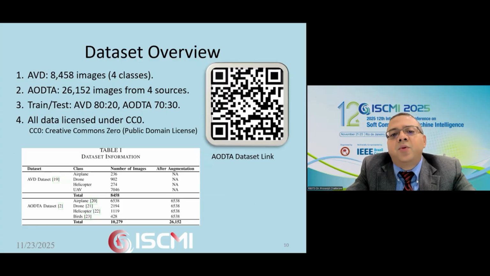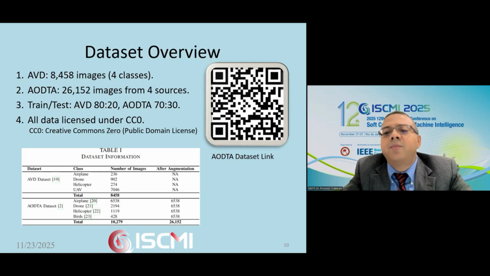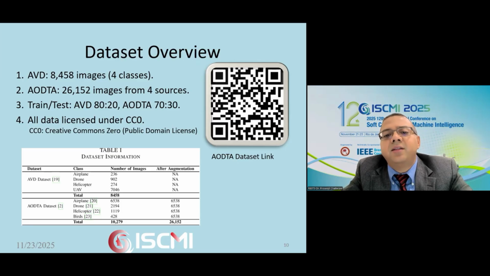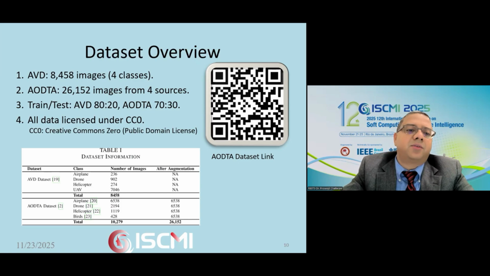The AODTA dataset that we proposed and implemented consists of 26,152 clean, balanced images, which is 4 times bigger than the AVD dataset, built from 4 publicly available Creative Commons Zero, or CC0 public domain, datasets. We split the AVD dataset into an 80/20 train and test ratio, but the AODTA dataset into a 70/30 ratio.